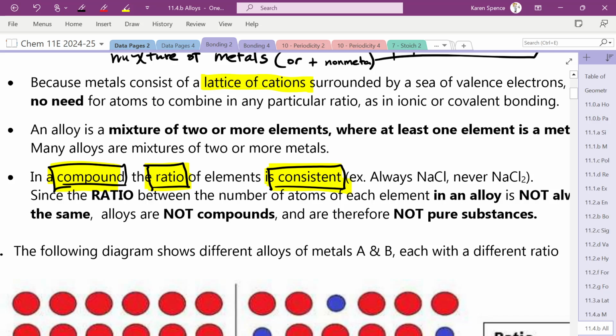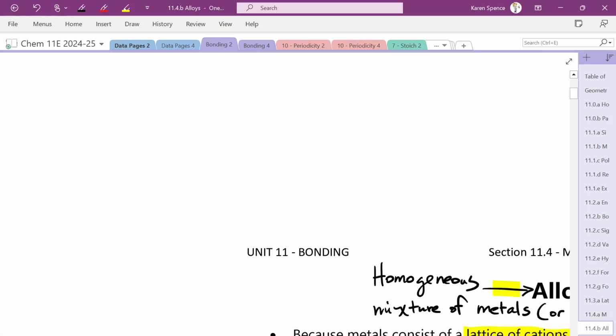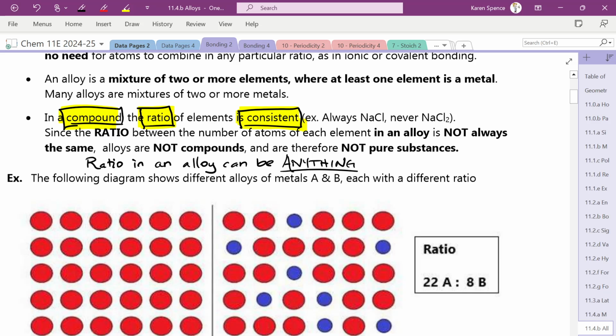The ratio in alloys can be different. So they're not considered pure substances, they're mixtures.